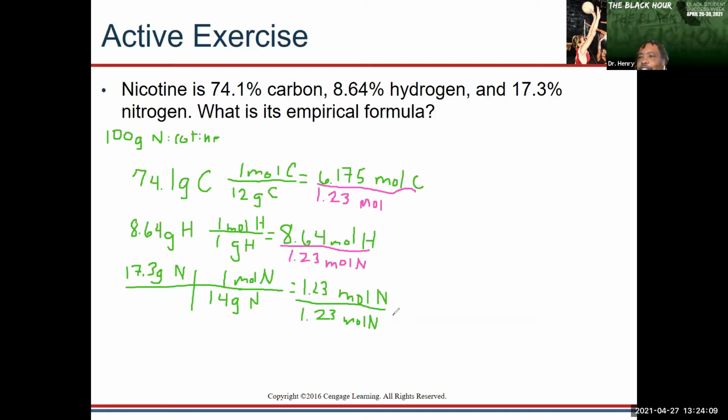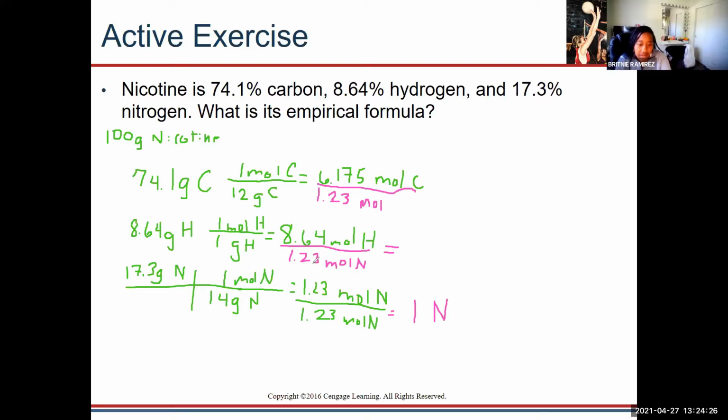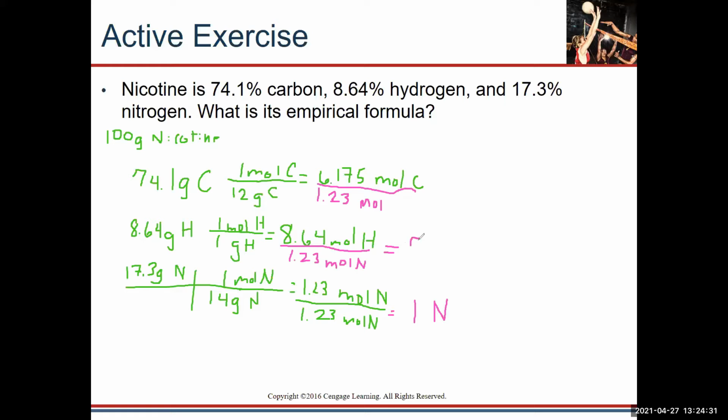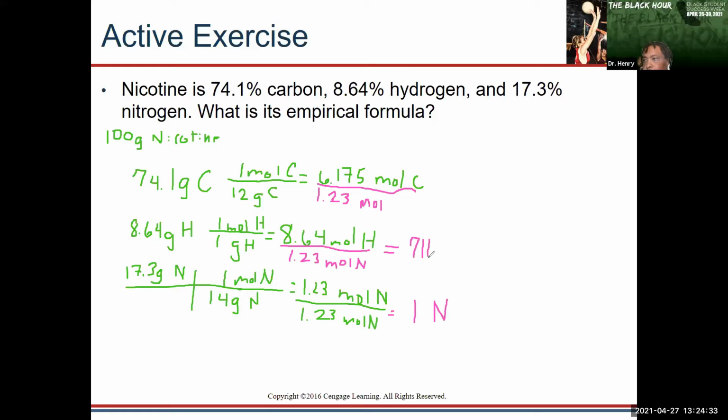Okay. So in this case, if we divide nitrogen by itself, it's going to be 1 nitrogen. If we divide the hydrogen by 1.23, what do you get? 7. So we have 7 hydrogens. And then if we divide the 6.175 by 1.23, we get 5.